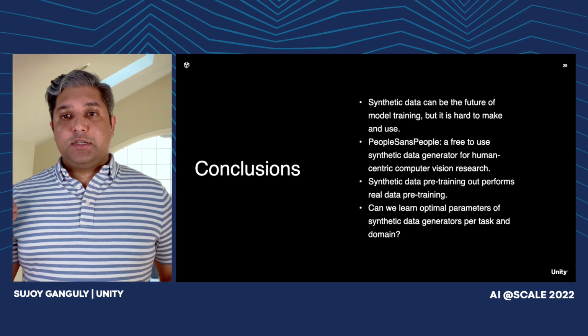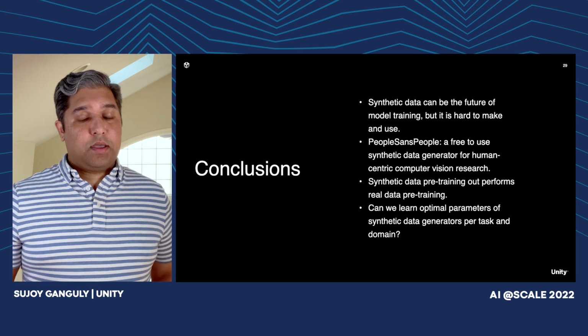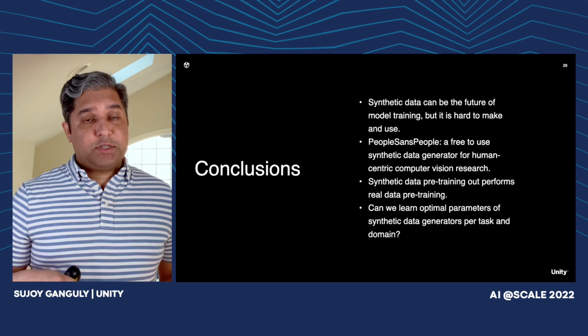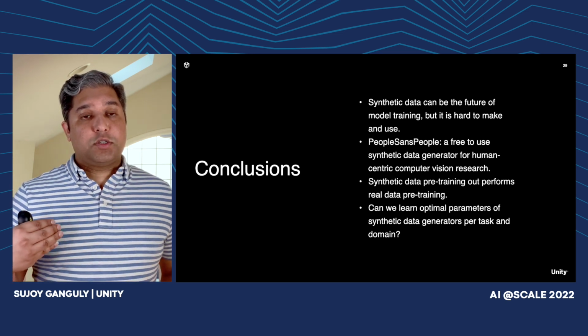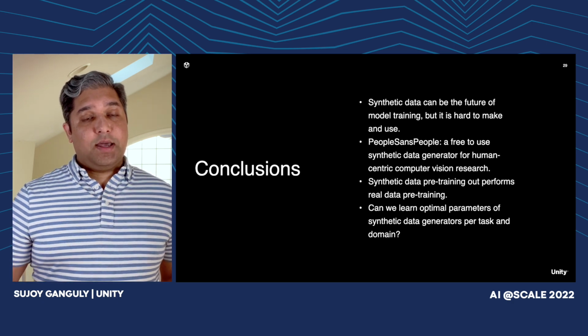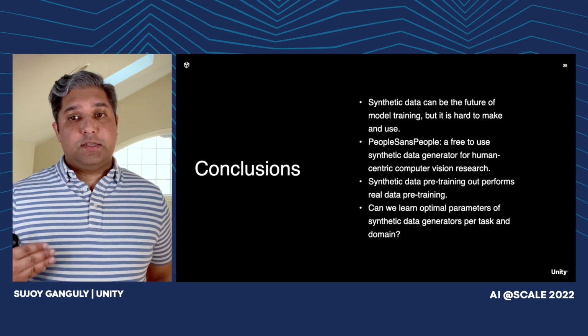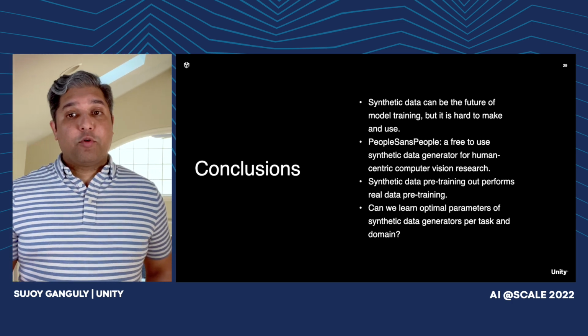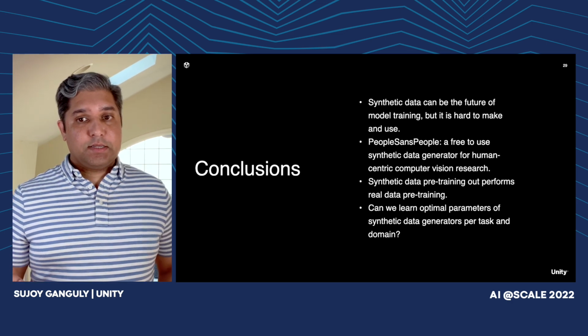So in conclusion, synthetic data can be the future of model training, but it's hard to make. Therefore, we are releasing People Sans People, as well as the Perception Package, which are two open source tools to allow people to work on synthetic data and understanding the sim-to-real gap. We've also shown that synthetic pre-training outperforms real data pre-training across a wide range of data sets.